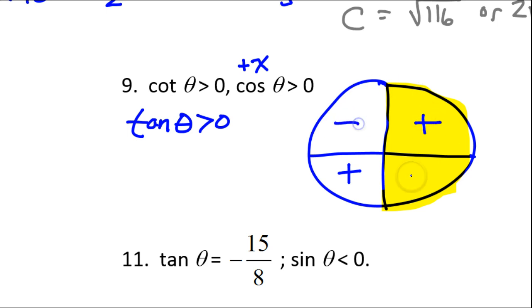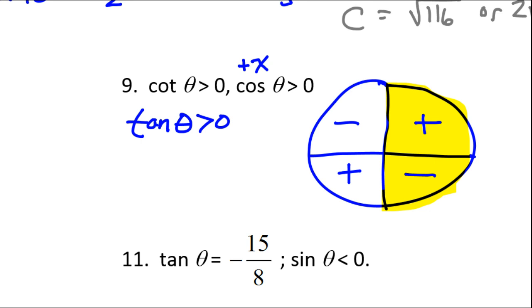And tangent will be negative in the second and fourth quadrant, because this is where the cosine is negative and the sine is positive, or here's where the cosine is positive and the sine is negative. So if the signs are different, tangent's negative. So anyway, we want the places where the tangent, and therefore the cotangent, are positive, greater than 0.